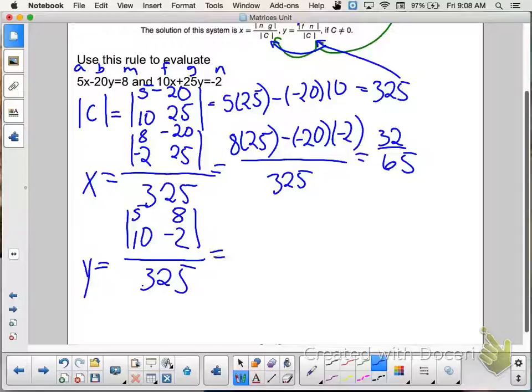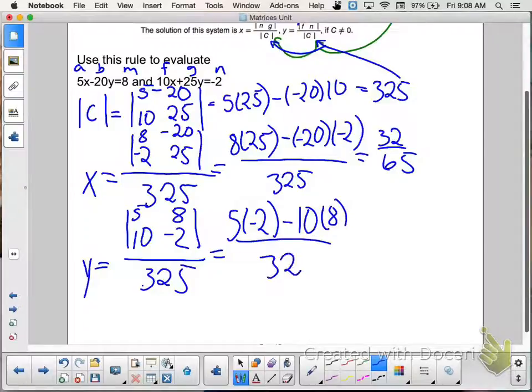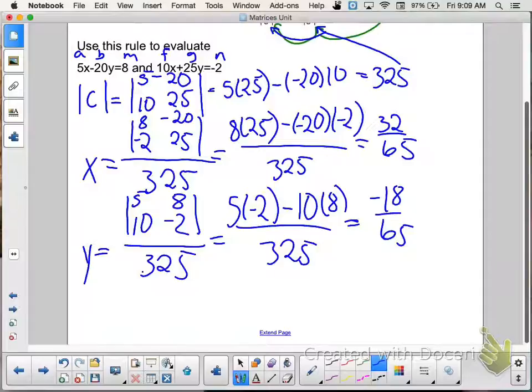So if I go with that, then I have 5 times negative 2 minus 10 times 8 over 325. And if we do that out, we get negative 18 over 65. So that means that my solution set, your answer for this one, would be 32 over 65 and negative 18 over 65.